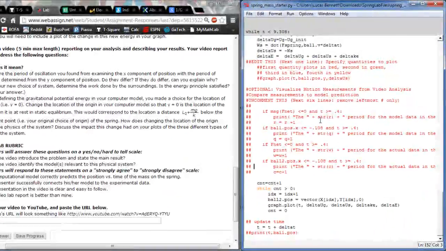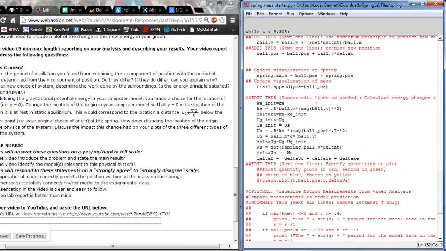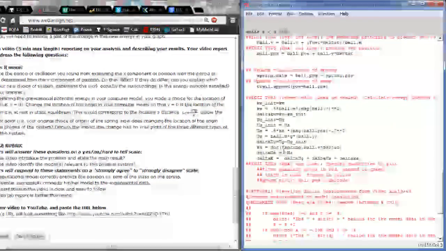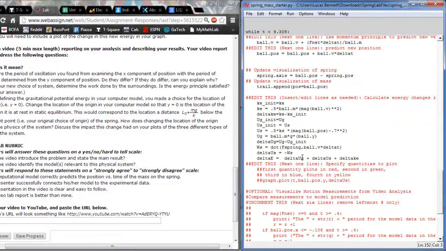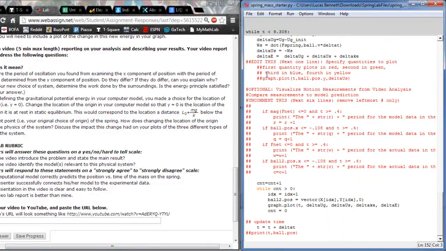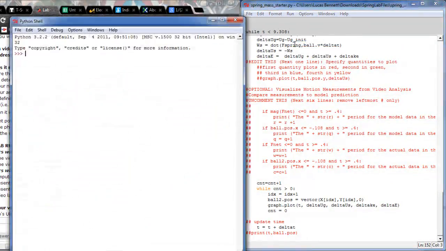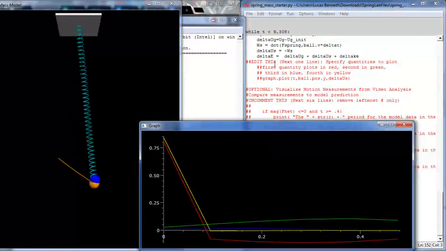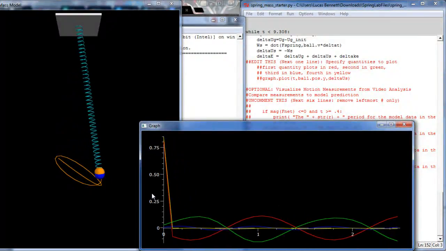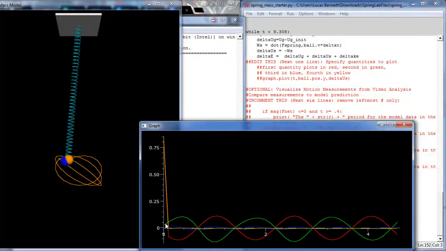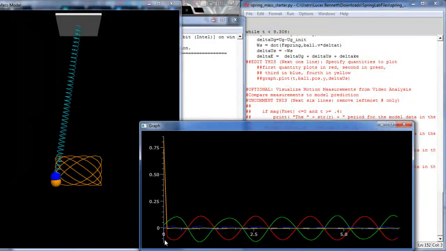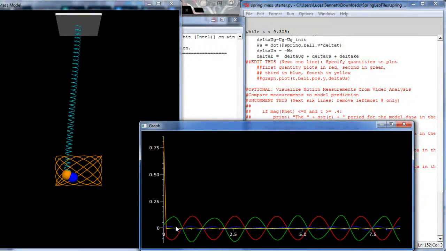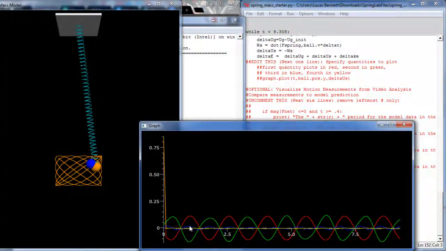So in our program, up here, here's my kinetic energies, my gravitational potential, spring potential, and delta E, and so this delta E is actually going to equal 0. So when we run this program, you'll see that it's oscillating over here, and so this is like kinetic energy, gravitational potential, spring potential, and then this blue is one of the energies too.